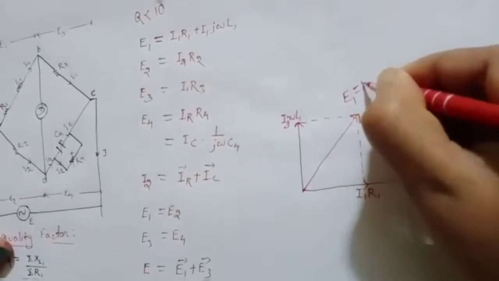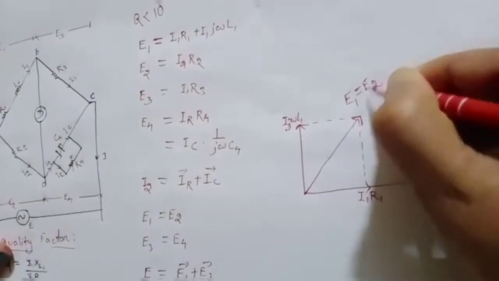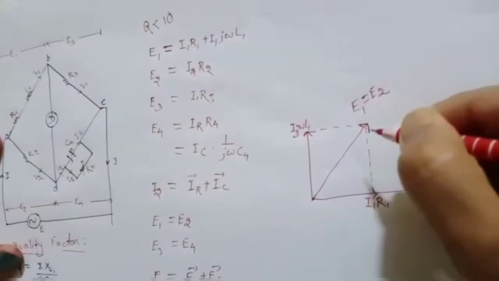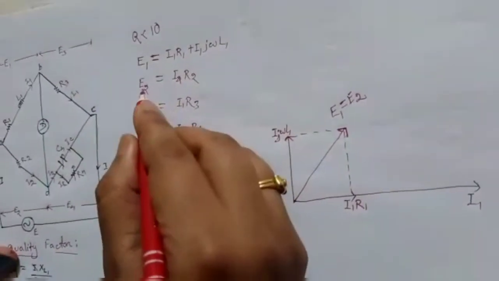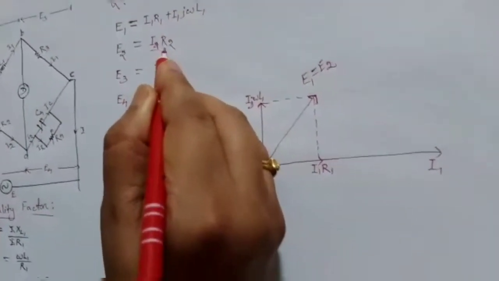Then at balance condition, E1 is equal to E2, so this same phasor is equal to E2, and the value of E2 is equal to I2 into R2.